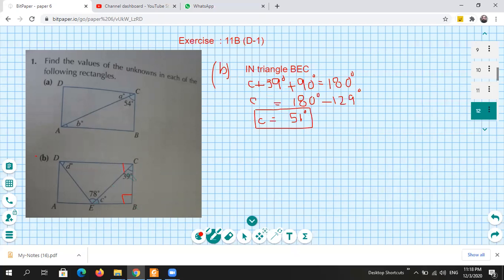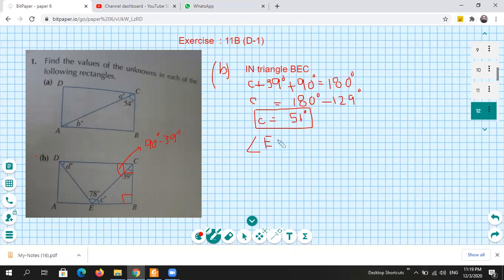Similarly, we know that the angle between the adjacent sides is always 90 degrees in the rectangle. So this angle BCD will be 90. It means this angle will be 90 minus 39. So I'm writing here angle ECD.